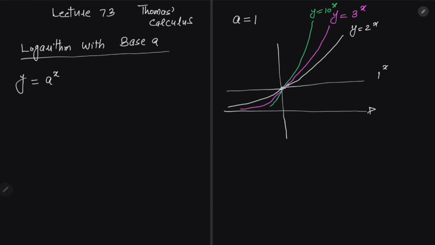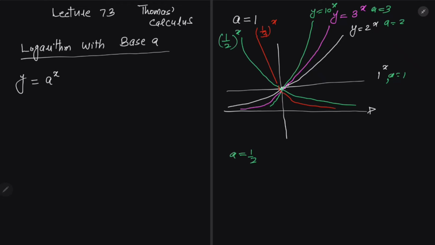So that's how the function looks when we change a to 2, 1, 3, or 10. Similarly, if a is 1 by 2, then the function is 1 by 2 raised to power x, and if a is 1 by 3, it looks like 1 by 3 raised to power x.